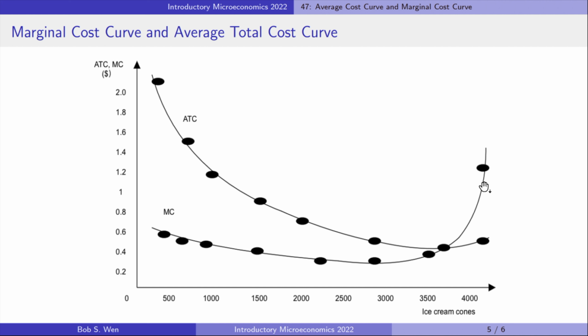As the marginal cost continues to rise, it is higher than the average total cost. Now, because the extra cost of the last unit of output is higher than the current average, the average will increase. That's why the marginal cost curve intersects the average total cost curve at its lowest point.